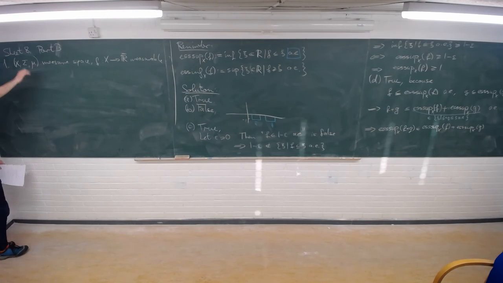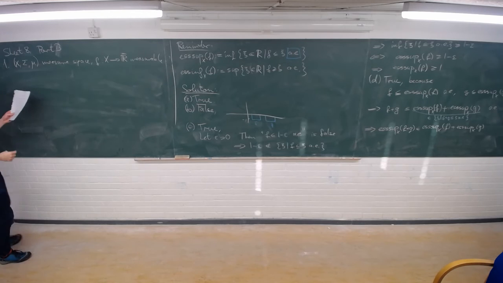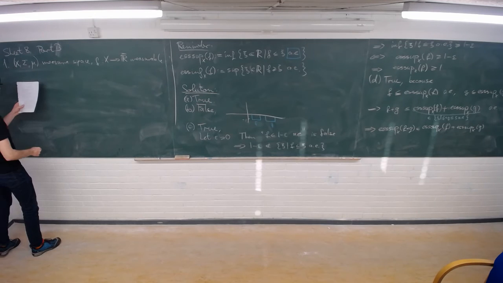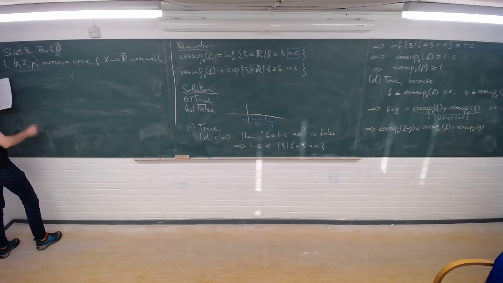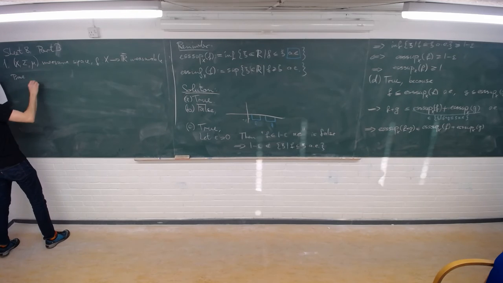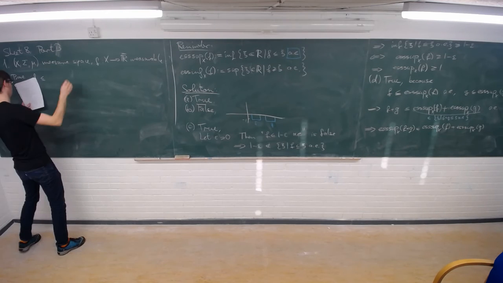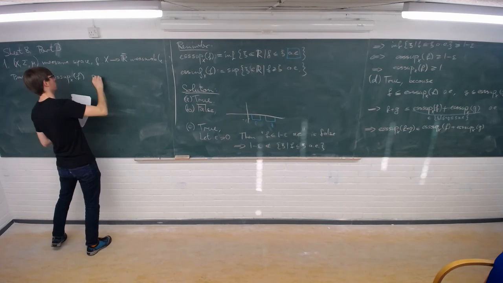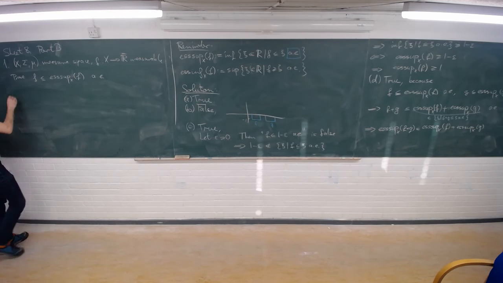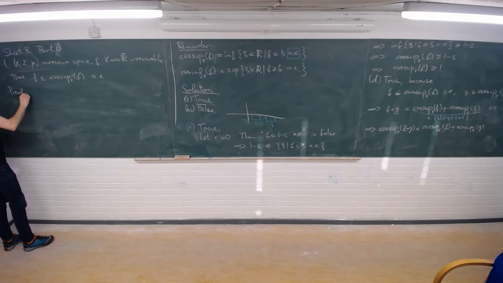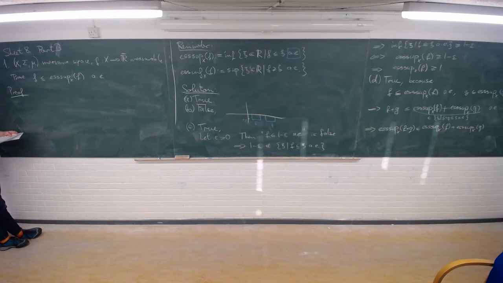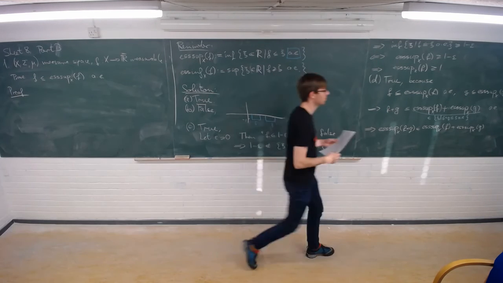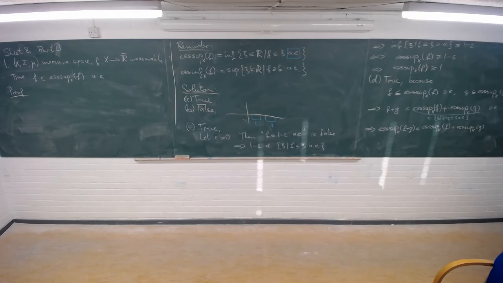Okay, so we were given a measure space and a measurable function, and then let's just do one of the two. So prove f less than or equal to ess sup of f almost everywhere. Okay, how do we do this?